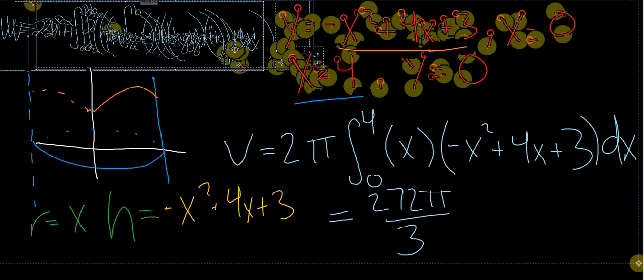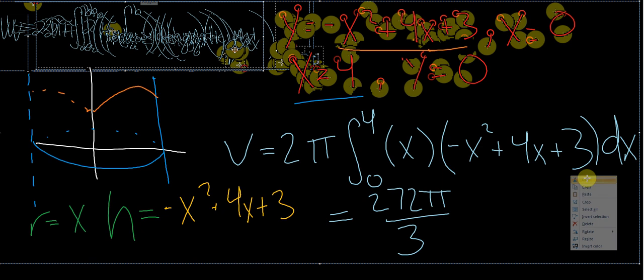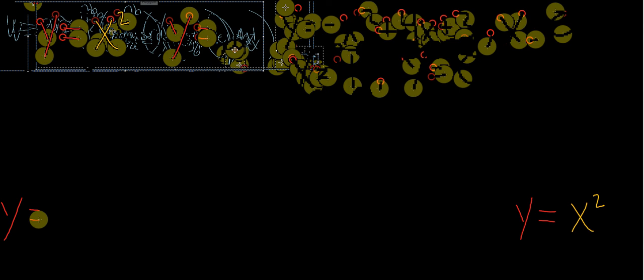So for our second example, we have our graph bounded by y equals x squared and y equals 8 minus x squared.